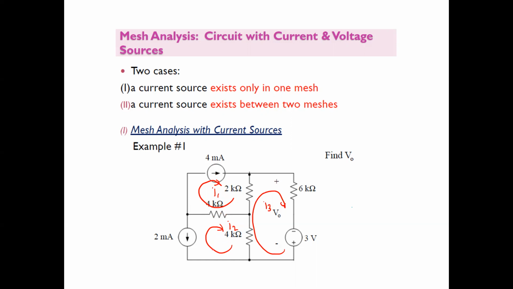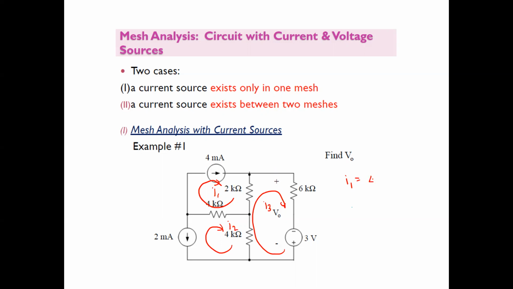So we go back to the fundamentals of mesh analysis. The objective of mesh analysis is to obtain the mesh current. If you look carefully inside the circuit, since the current source is not shared with another mesh, we can say that your mesh current I1 is equal to the current source.